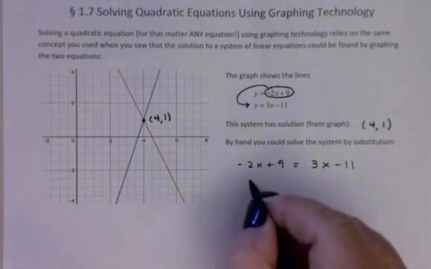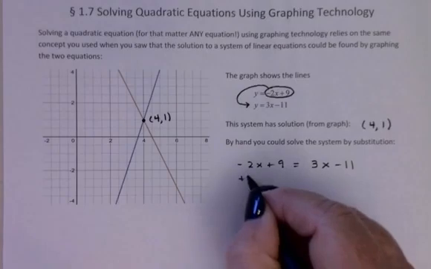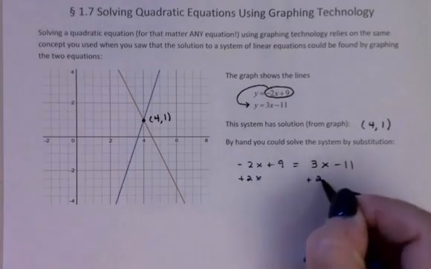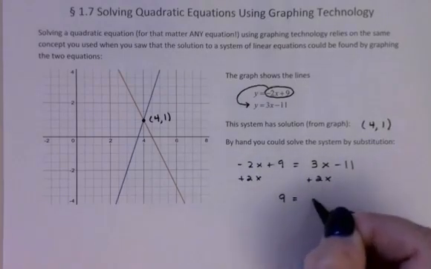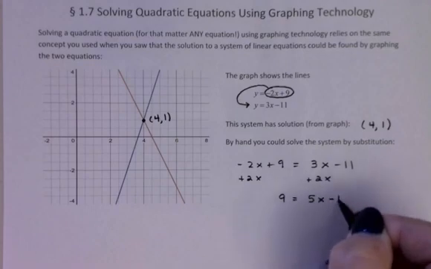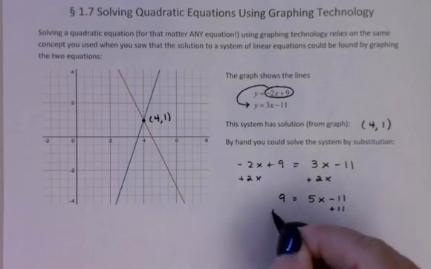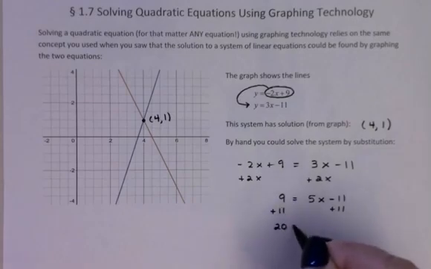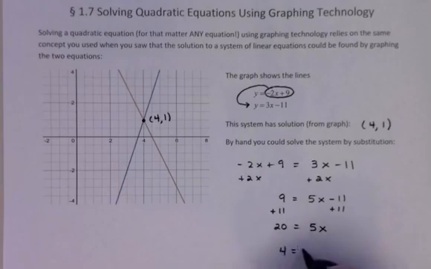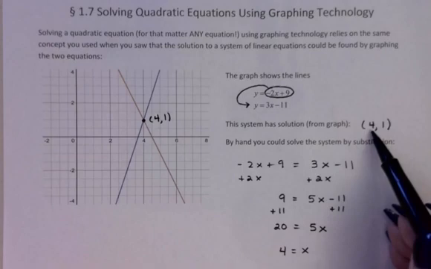That is a fairly simple equation to solve. We'll add the 2x, and let's see, add the 11. And then dividing by 5, we see that x is 4, which is exactly what we saw from the graph.